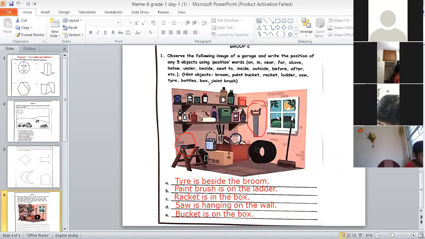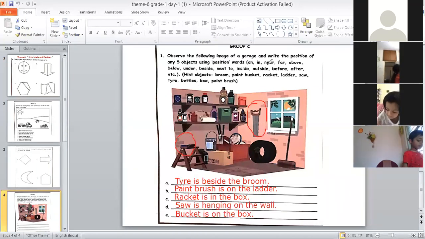Okay, Ketan, can you tell me any one sentence? Bottle in the bottles. Bottle is in the bottle. In means inside.